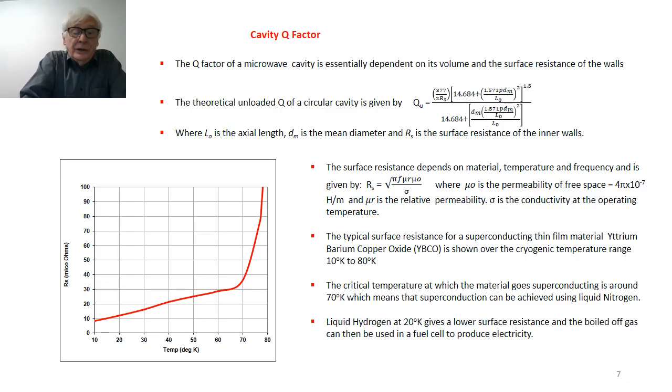However, if you go down to liquid hydrogen temperature, which is around 20 degrees K, then not only do you get a lower surface resistance, but as the liquid hydrogen boils off to maintain this low temperature, then you can use the cold gaseous hydrogen in a fuel cell to produce the electricity which will eventually produce the microwave power for the cavity.